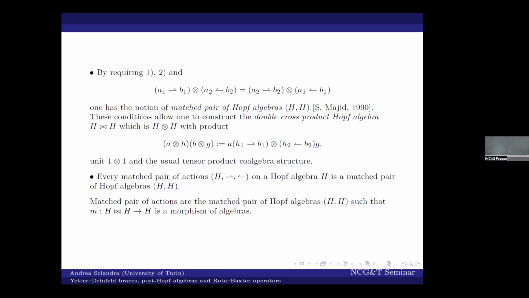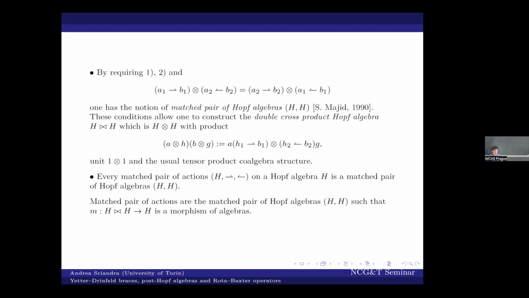So where we deform, in a sense, the standard tensor product algebra structure using the left and the right action in this way, with unit just given by 1 tensor 1 and the standard tensor coproduct structure. We can also define an antipode, but this is not important here. And 1, 2, and this condition here are the conditions that you need to obtain that this is, in fact, a Hopf algebra with this structure here.